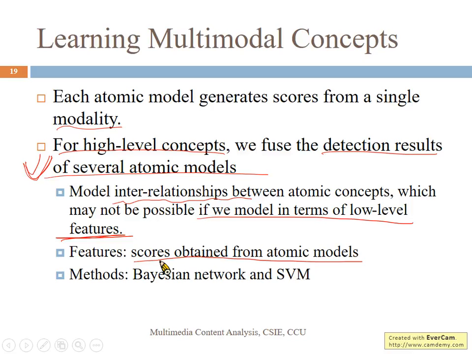We will aggregate the scores for all these atomic concepts, and use such scores as the features to construct the high-level concept modeling. The methods they use include Bayesian Network and support vector machine. And in the evaluation, they will try to compare the performance of these two approaches.